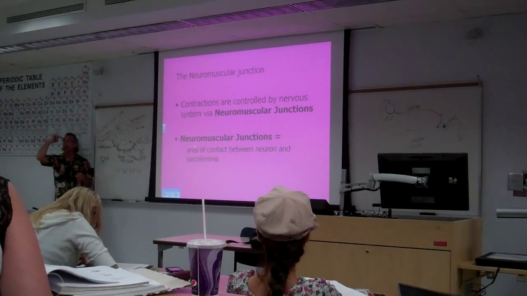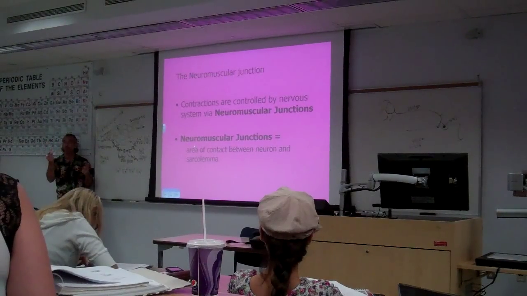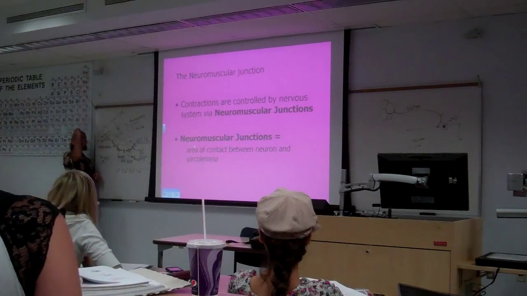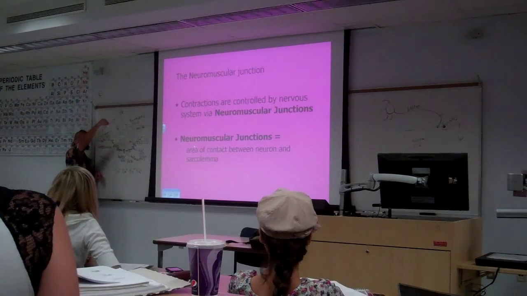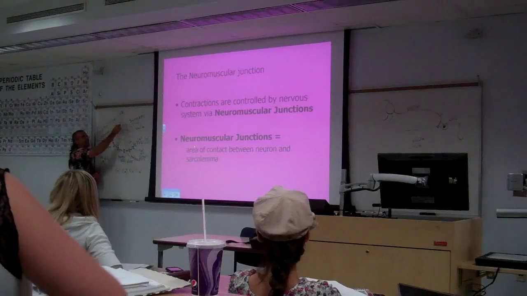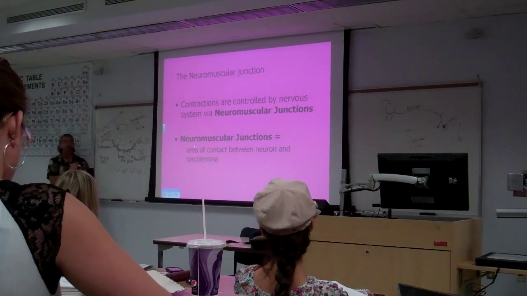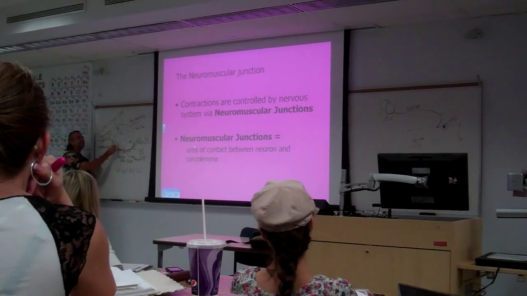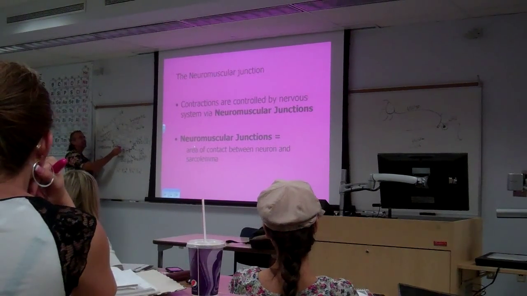A signal, you're thinking about moving your hand or something, so it's skeletal muscle, it's voluntary, you have to have a signal going to it. So I think about moving my hand, a signal travels along my nerve all the way down to my synaptic end bulb. When I reach the end bulb, I release acetylcholine into the synaptic cleft.